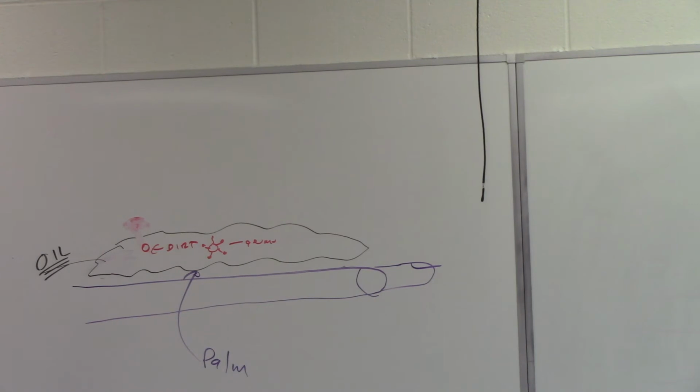So one way to do that is real simple. It's not to use soap, it's actually to use gasoline. Okay, nonpolar substances dissolve nonpolar substances. If you take gasoline and pour it on oil, it will dissolve the oil. So if you want to wash your hands, one way to do it is to take gasoline and pour it on your hand.